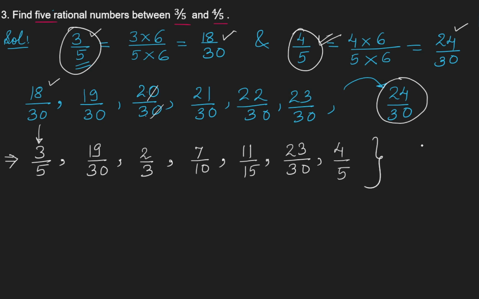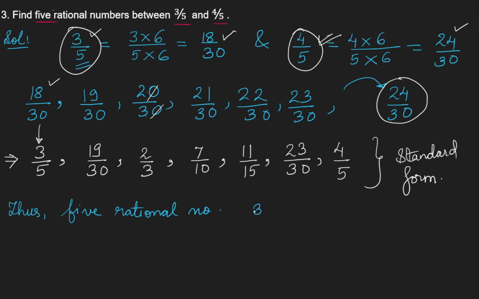So we have reduced all the numbers, or all the possible numbers which could be reduced to their standard form, right? So always do this step. Do not forget. So our final step would be what? Thus, 5 rational numbers in between 3 by 5 and 4 by 5 are.